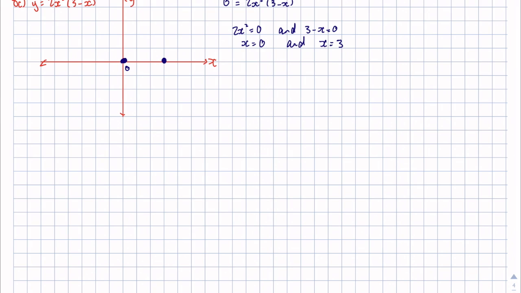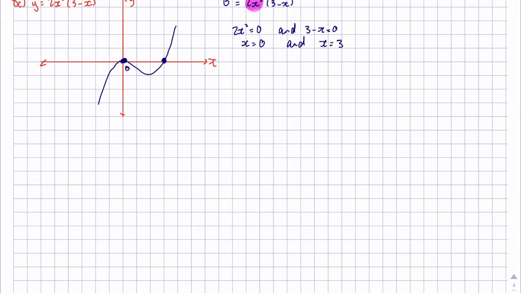Now, we know that this one is x squared. So we know we're either going to get it bouncing up here and back down, or going down here and up. Let's use a table of values to double check what it's going to be.